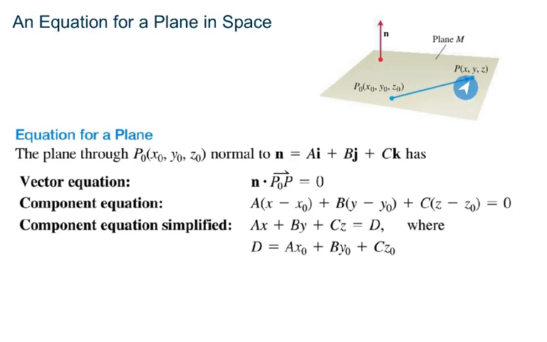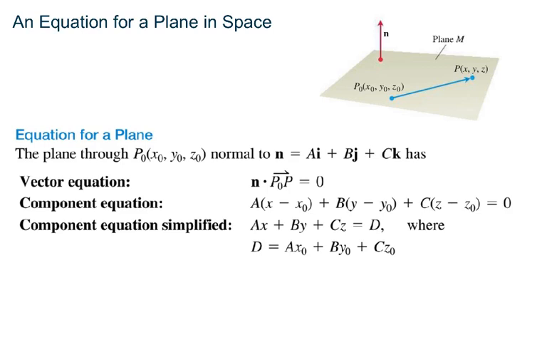So any vectors in this plane that are orthogonal to N. If we know that they are orthogonal, then we know that N dotted with that vector P0 to P is going to equal that scalar 0. When we dot product two vectors, we get a scalar. And you see that vector equation written right here.